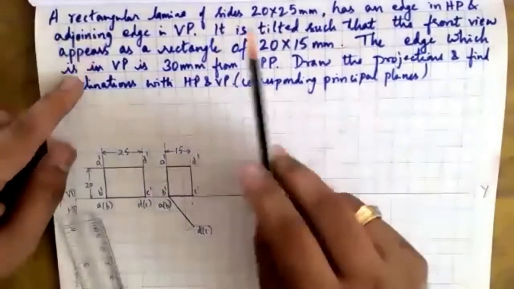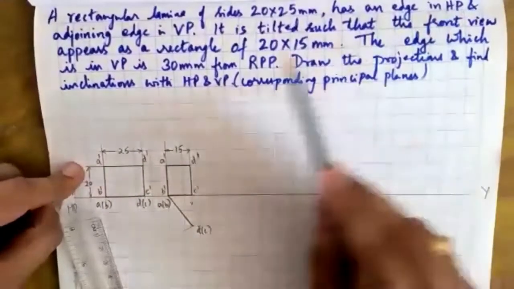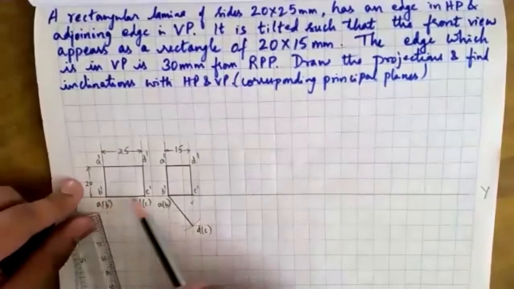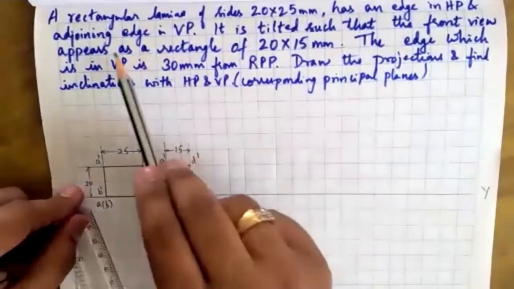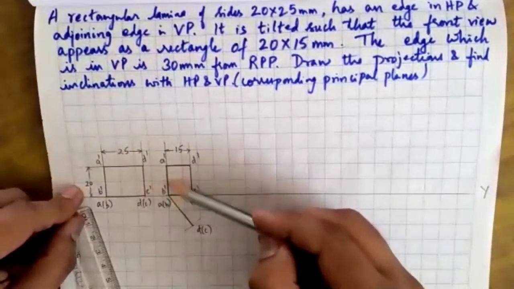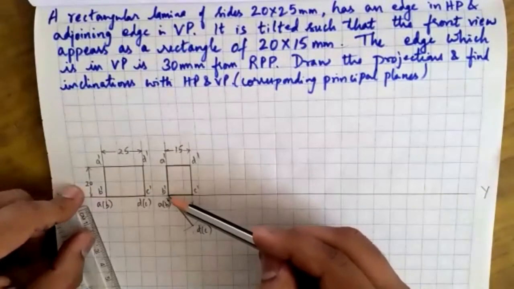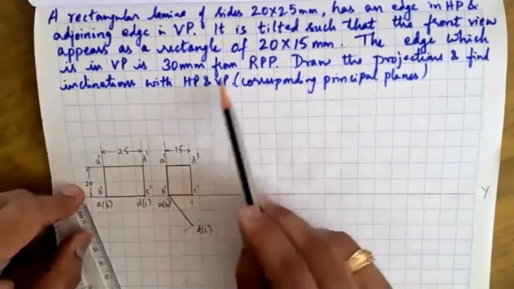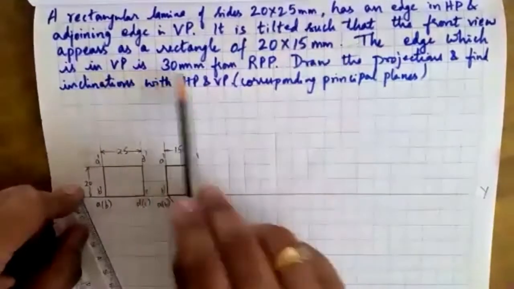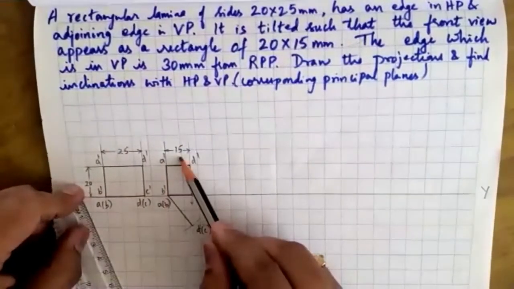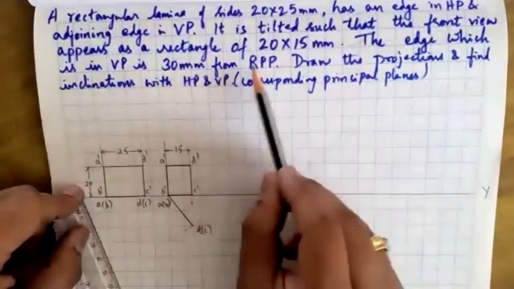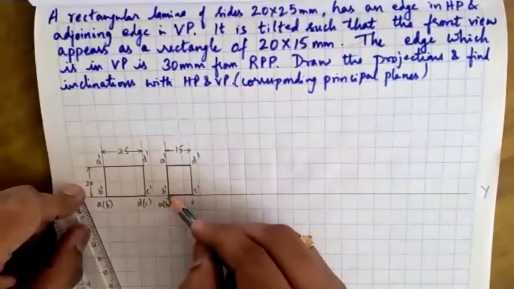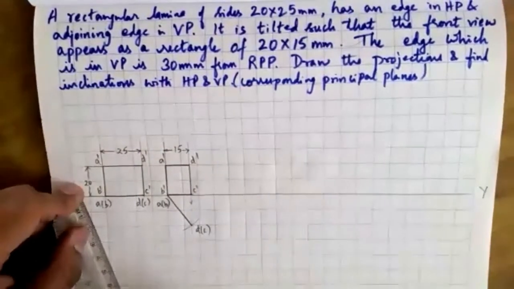A rectangular lamina 20 by 25 has an edge in HP, that is BC here, and an adjoining edge in VP, that is AB. See AB, you can see that it is in VP. It is tilted such that the front view appears as a rectangle of 20 by 15. The edge which is in VP is 30 mm from RPP. See, AB is the edge in VP.